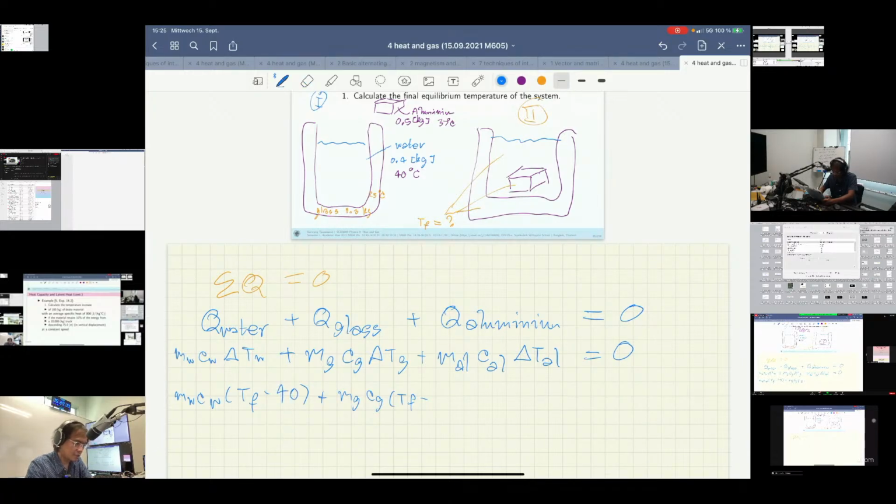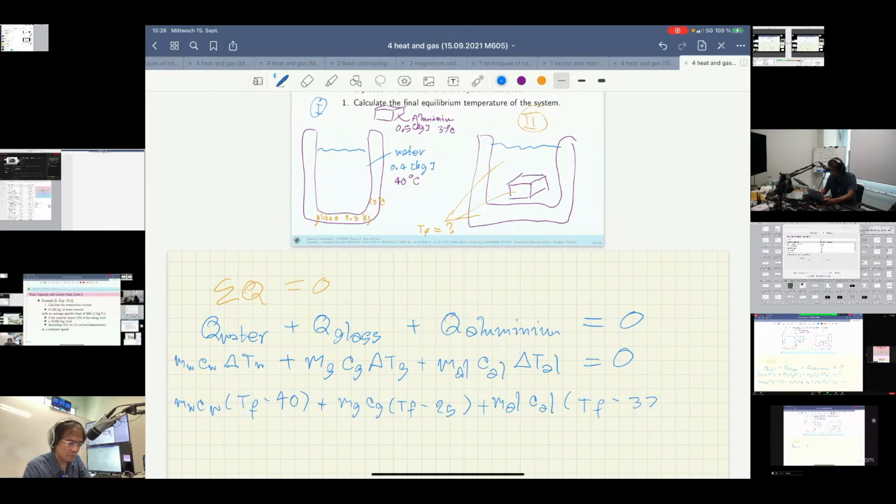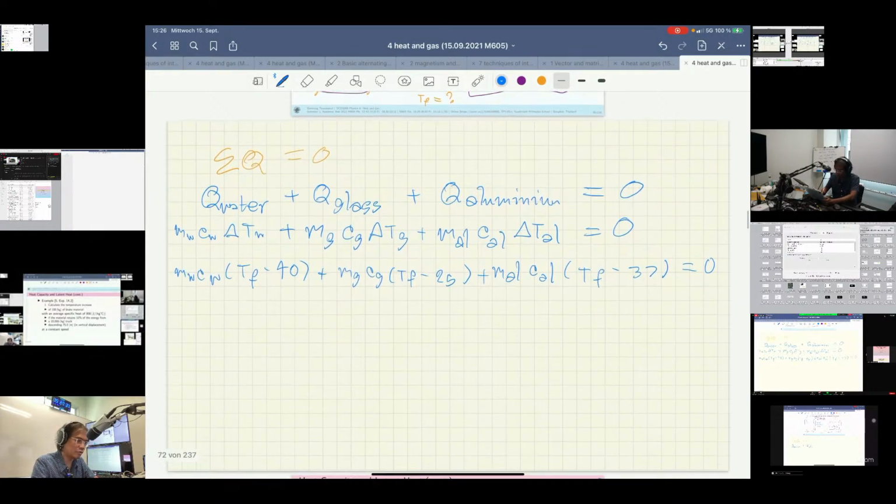This one is 40 degrees, this one is 25, and plus the mass of aluminum and C of aluminum. Temperature is TF minus temperature of the aluminum at the beginning, which is 37. Equals 0. So we solve this one for TF. TF is going to be MW, CW times 40, and plus 25 M of the glass, C of the glass, and plus 37.